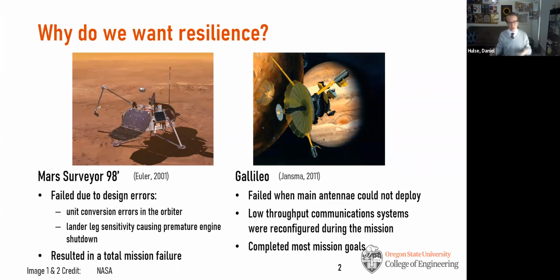Because it wasn't a total failure, they were able to figure out that they could reconfigure the existing low bandwidth antenna to relay the vast majority of the data. As a result, the system on the right was resilient and could complete most of its mission goals.